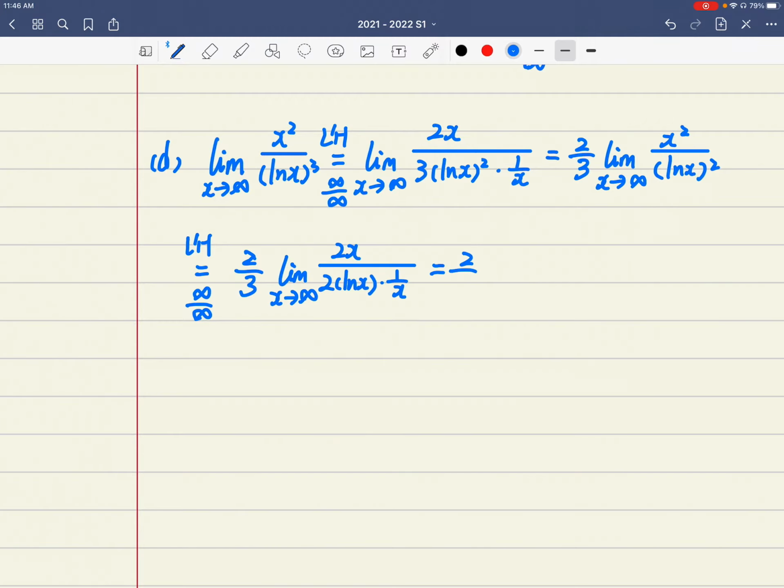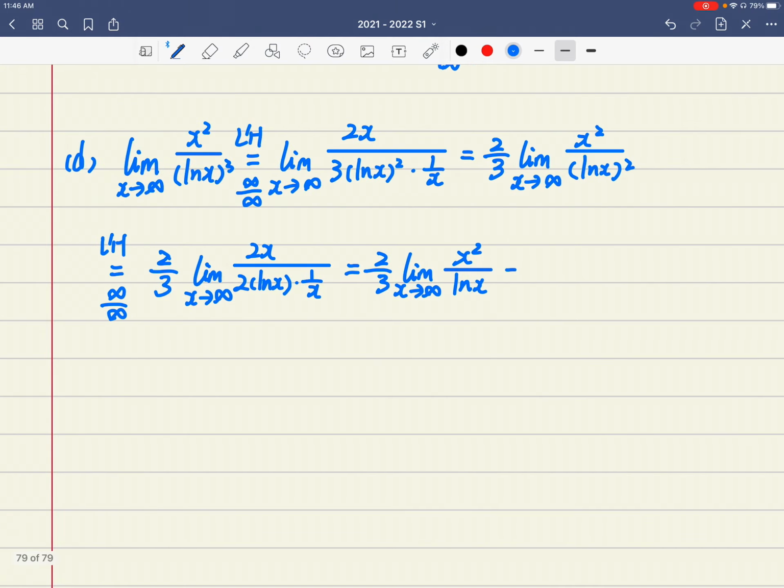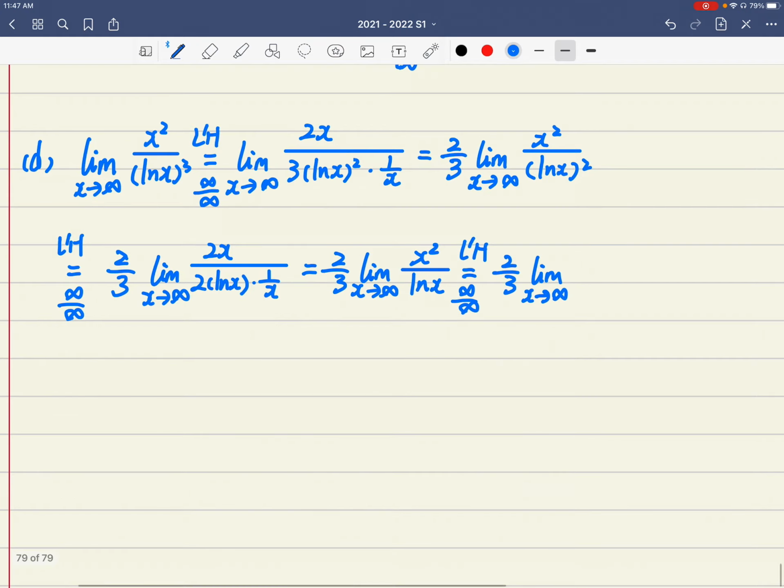So it is 2 over 3 times the limit as x approaches infinity, where the top is x squared, now the bottom is ln x. Again it's infinity over infinity, so we need to differentiate one more time.